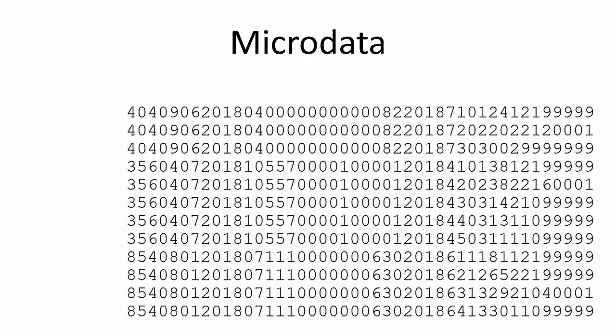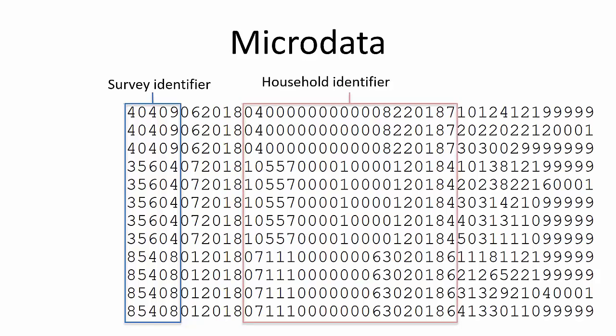So while each row is a person, each column represents a different piece of information. So here we have the survey identifier. We also have a household identifier, so we know how to group these people. We have a household level piece of information, such as the urban or rural status. And then we also have an individual level piece of information, such as this person's age.